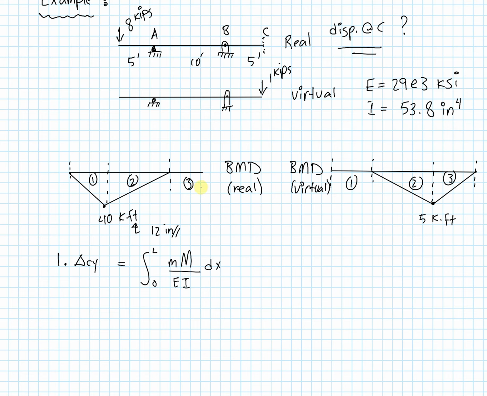Segment 3 in the virtual BMD corresponds to a 0 segment in the real BMD, so we can ignore that too. So we're only going to look at segment 2, and we can see we have triangles whose heights are in inverse positions. One's on the left and one's on the right.